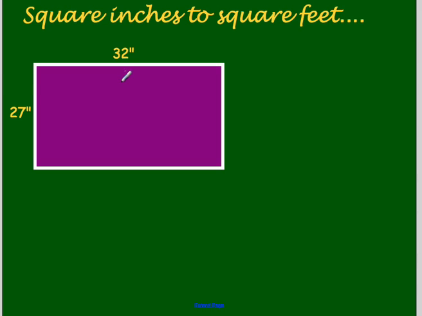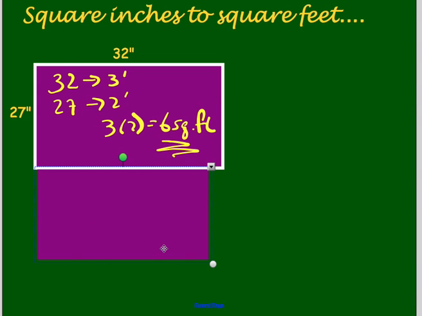If I take a look at the next question, again, how do I convert inches to square feet? Here's a 27 by 32 inch box. I kind of rounded 32 up to 3 feet and rounded 27 down to 2 feet, so 3 times 2 is 6. So this thing's got to be close to about 6 square feet.